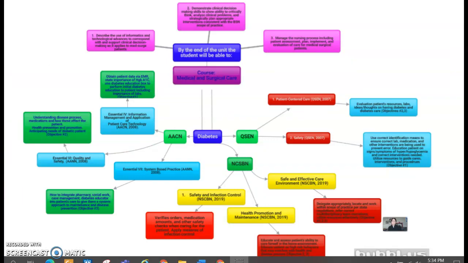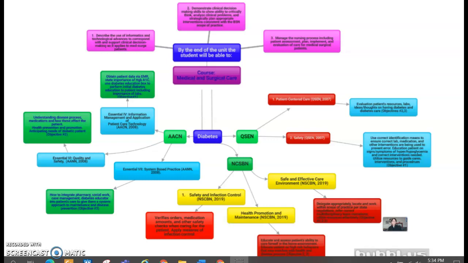So overall, this is the concept map in its entirety. This concept map started with the Healthy People 2030 disease process of diabetes. It looked at putting it in the course of a medical surgical care course for undergraduate baccalaureate students. And the 3 interventions are stated for the course.